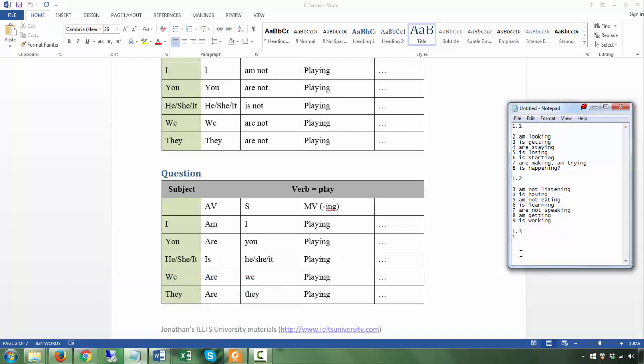If you just say "Are you playing?", the answer will be yes or no. But if you put the WH word, "What are you playing?", then the answer is not yes or no, but maybe football or the computer.